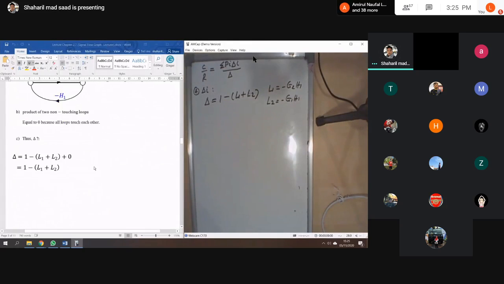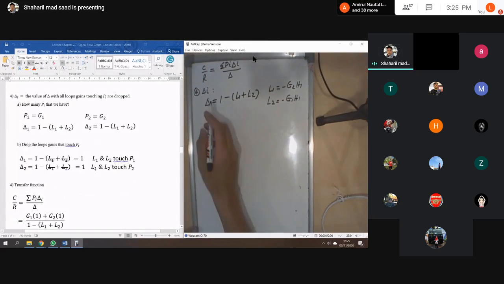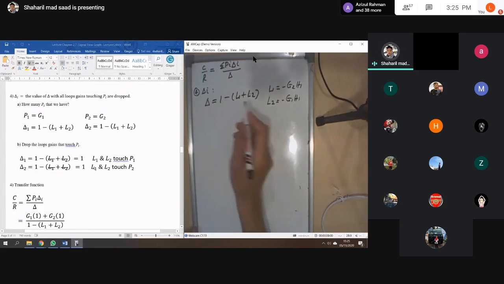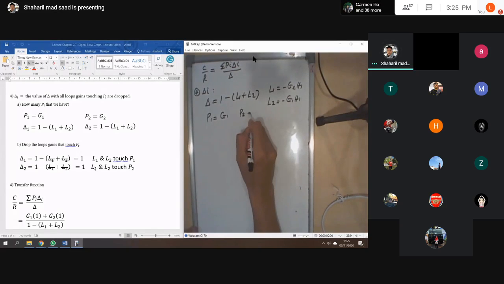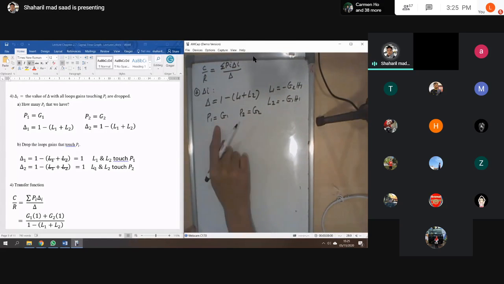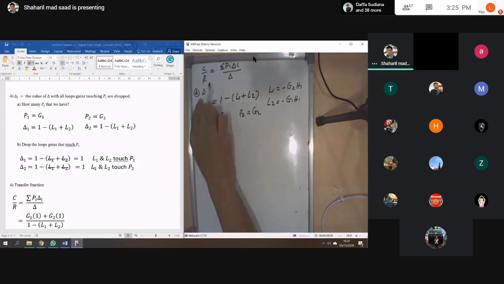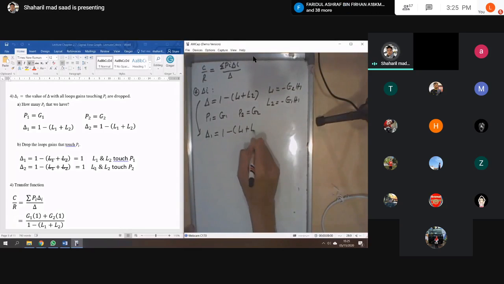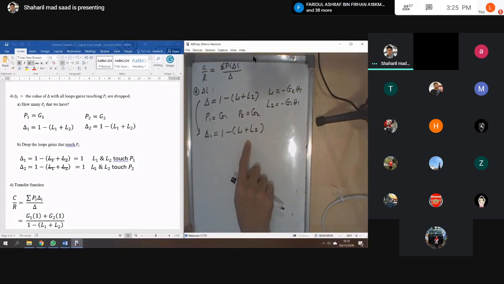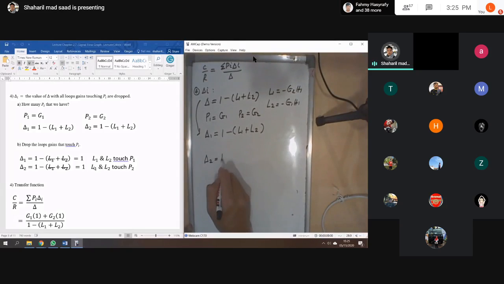Now you also got P1 is G1 and P2 is G2. This is the forward pass gain, and this one is delta. Then you want to find the delta 1. Okay. So how to find the delta 1? Delta 1 is from 1 minus L1 plus L2. And delta 2 also same, 1 minus L1 plus L2, same.